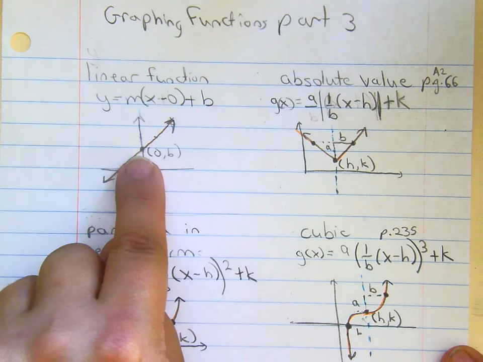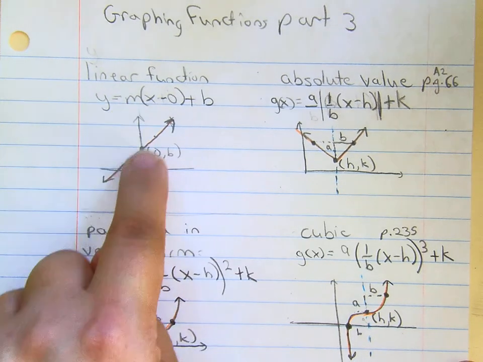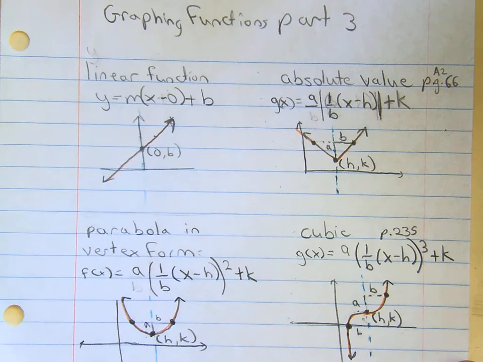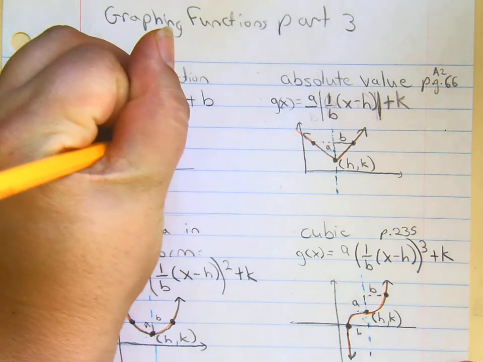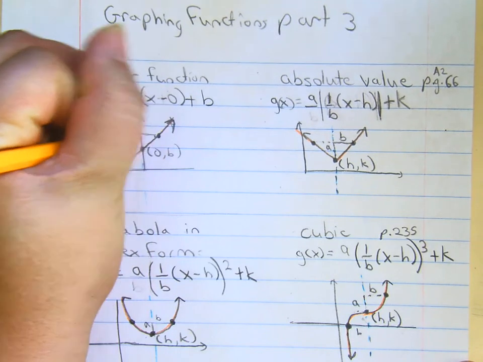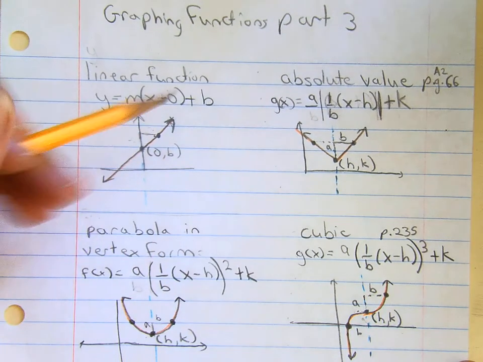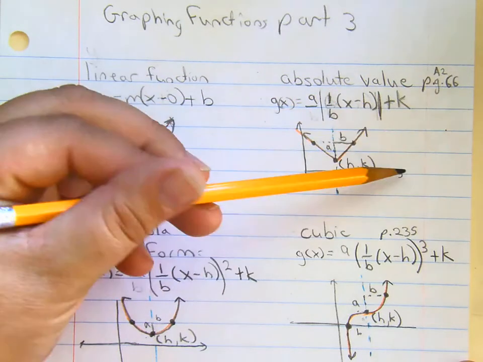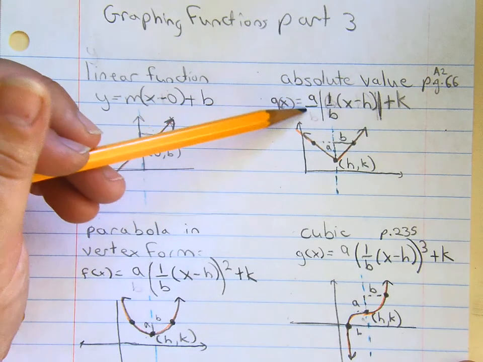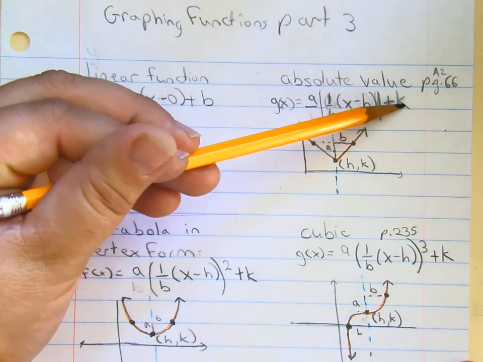We have our y-intercept, we have our slope, and our slope tells us where we would find our next point. That's what it is. It's going to be my rise over my run. That's my m. If we're working with absolute values, then again, my vertex is going to be found from my h and my k.